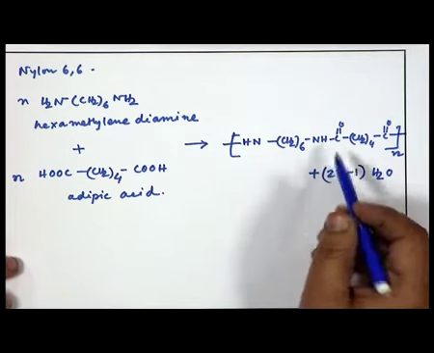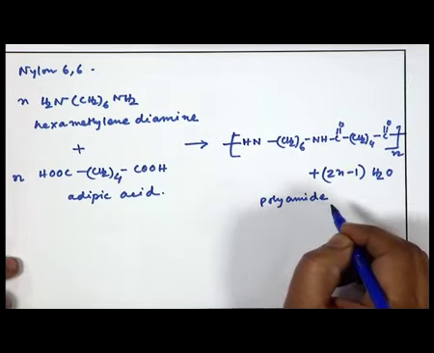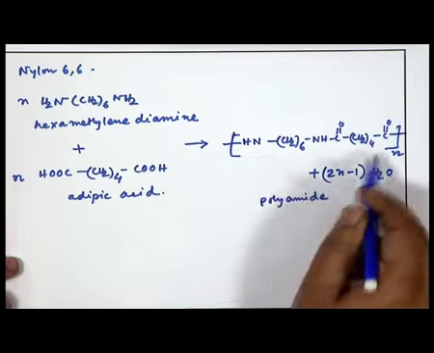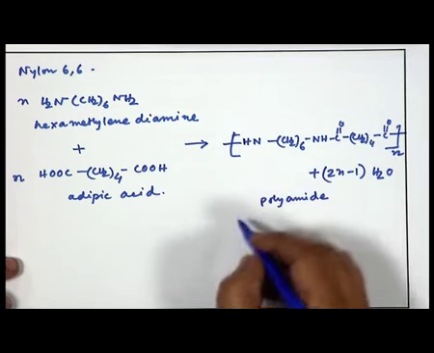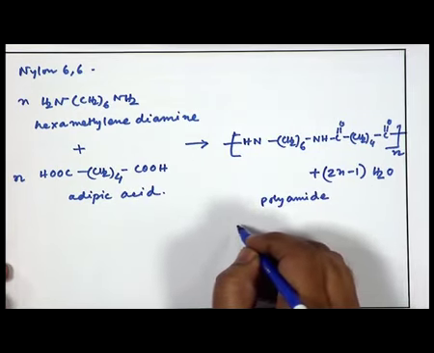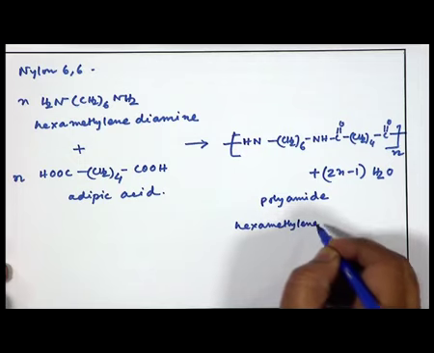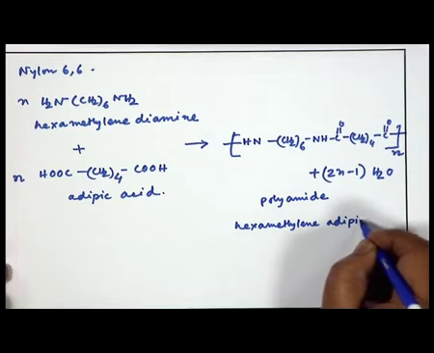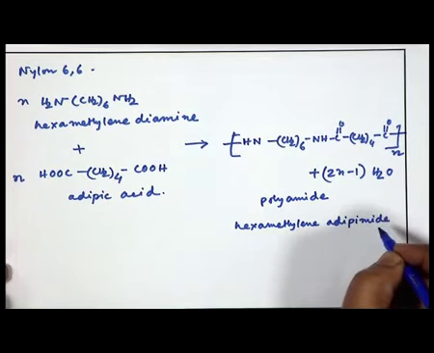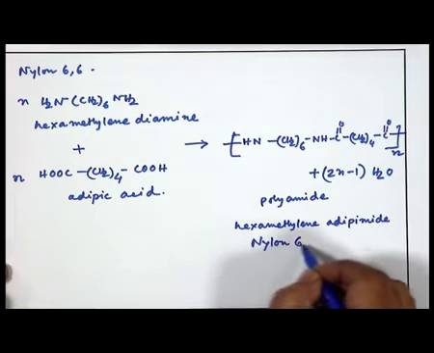That is why we call this polyamides, and the chemical name of this polymer is basically hexamethylene adipamide, but commonly it is known as nylon 66.